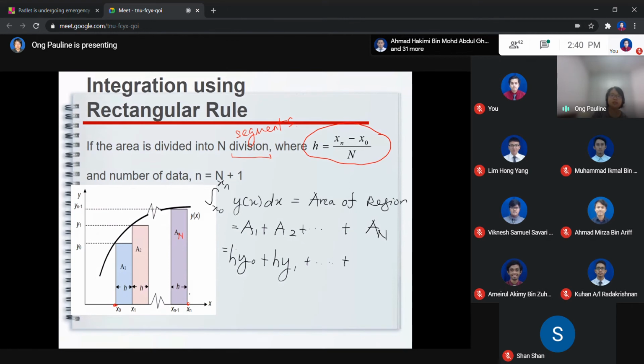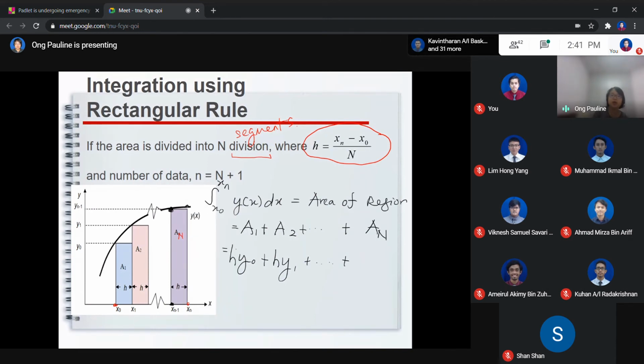For the last rectangle, the width is h, and the height here is yn minus 1. This is point xn minus 1, so the corresponding value of y here is yn minus 1.